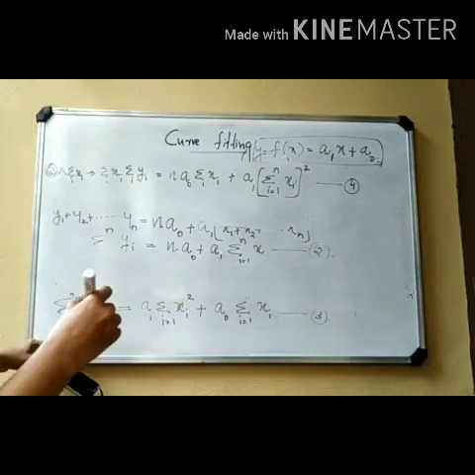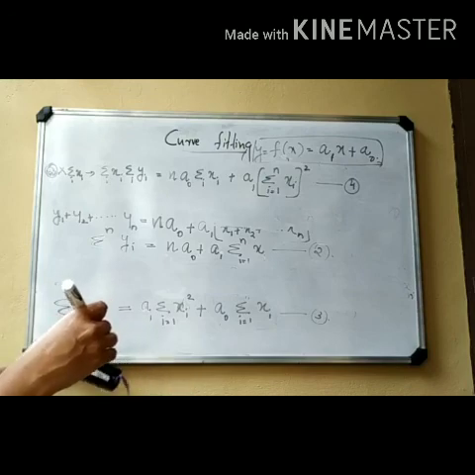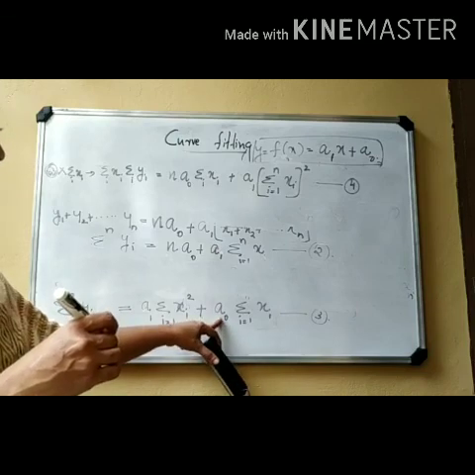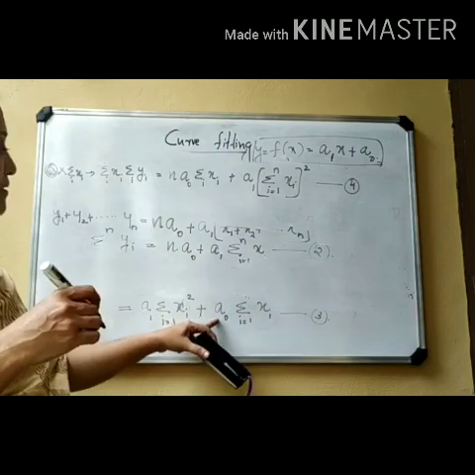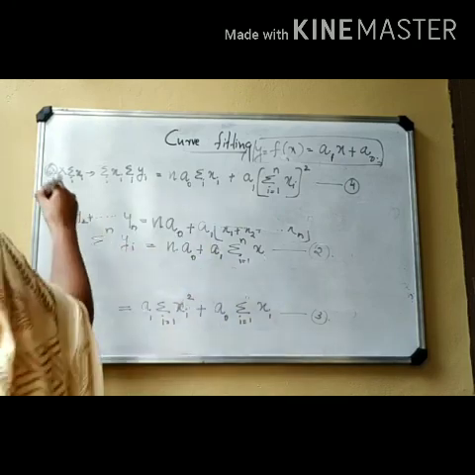In equation 3, we are having sigma xi yi as equal to, here the term that contains a0 is a0 sigma i xi. So we have to multiply equation 3 with n.